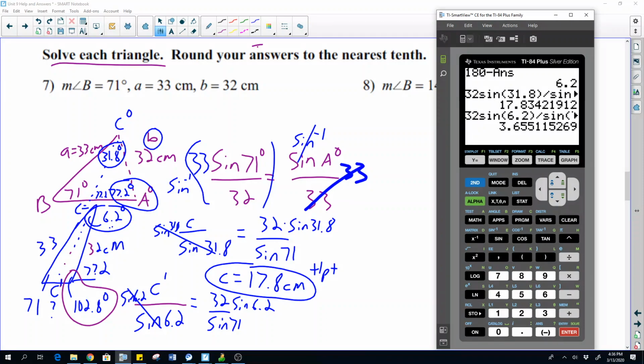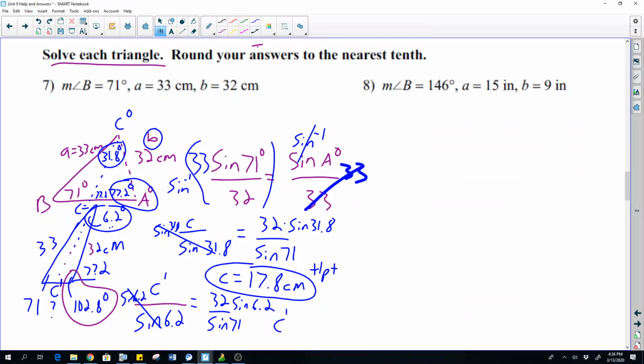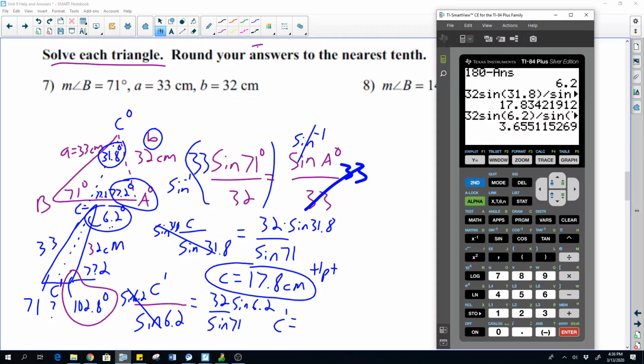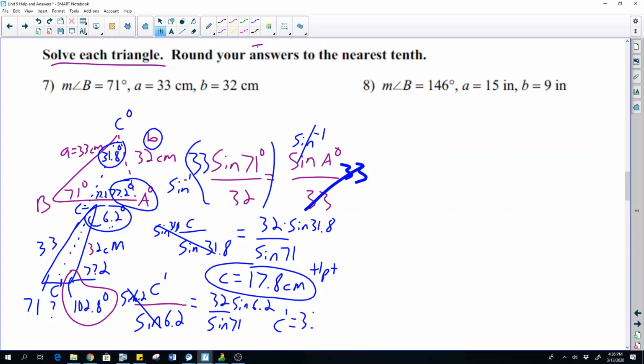So 3.7. And so c prime then will be 3.7 centimeters. Cool. Okay, so there's our 6th point. 1, 2, 3, 4, 5, 6 points. 6 points for number 7.